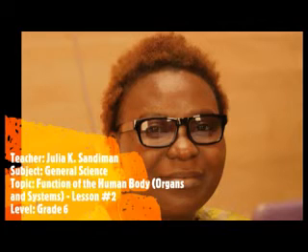Today, I am going to give you an overview of 2 of those systems, digestive and reproductive systems, the organs associated with the digestive and reproductive systems and their functions.